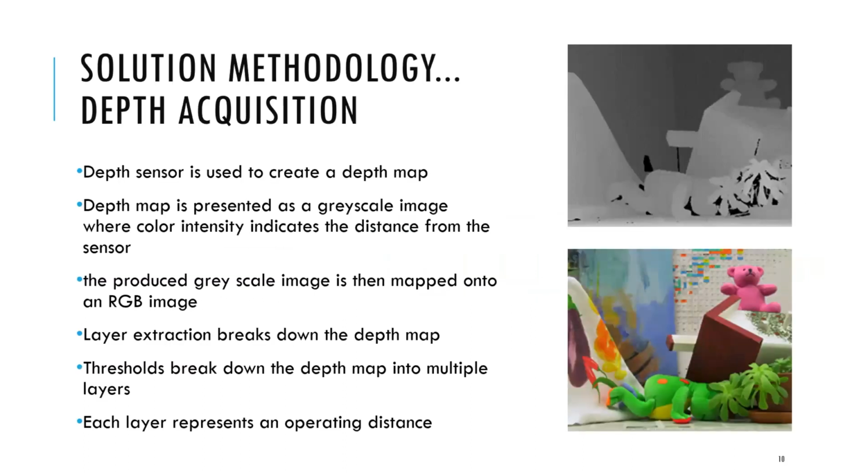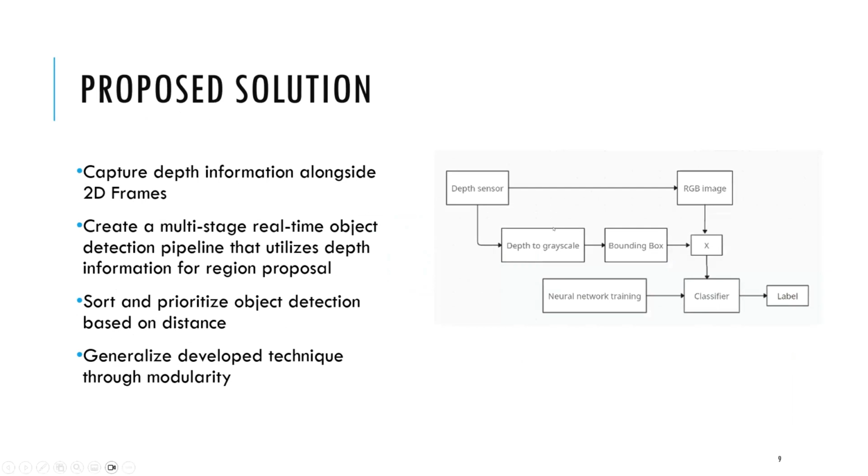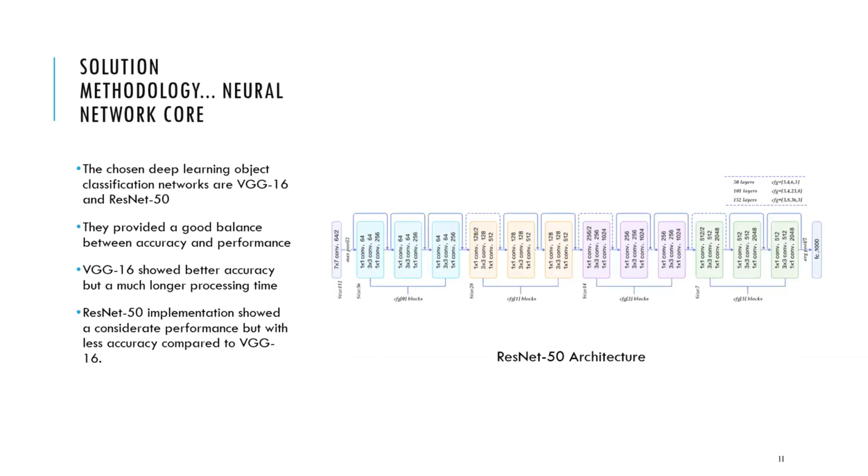And here, coming back to the modularity of the system, based on the computational resources on hand, whether this is deployed in a mobile scenario or in a server space, we can always swap the neural network core for something more accurate and stronger if we have the computational capacity to do so.